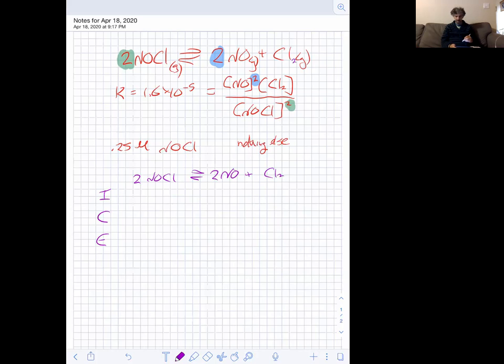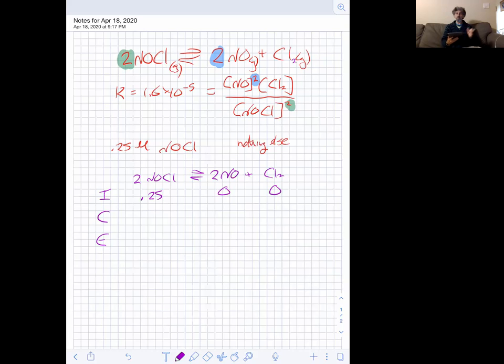By the way, somebody once asked me, don't I have to put a 2 here because of this little 2? And no, the fact that there's 2 chlorines in one molecule means that this is just to the power of 1. But the fact that there are 2 separate nitrosyl chloride molecules, that's what makes you put the power of 2 in that law of mass action. Okay, so now we're going to fill in the initial amount of NOCl is 0.25, and the others are 0.